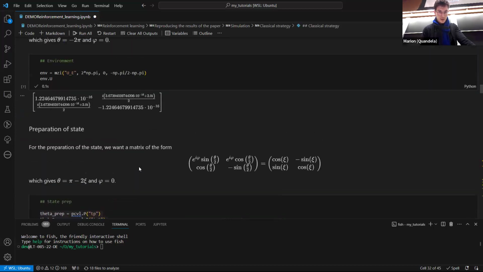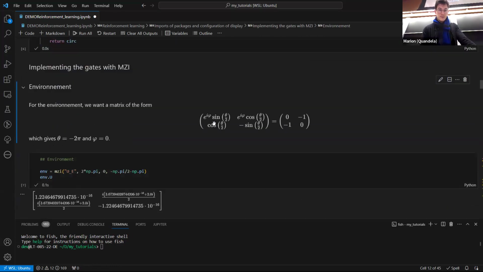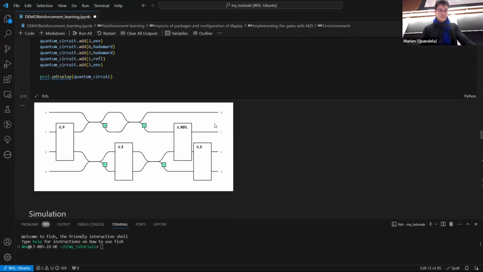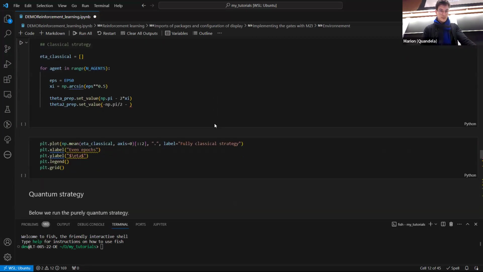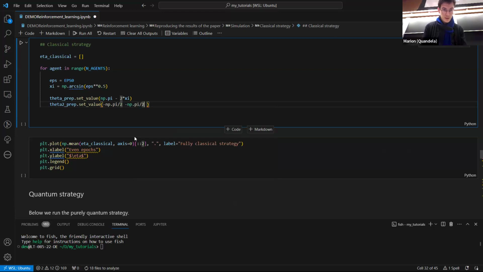Minus theta over 2, something like that. Minus theta over 2. Yeah. And so theta is this, so minus theta over 2, so plus pi.